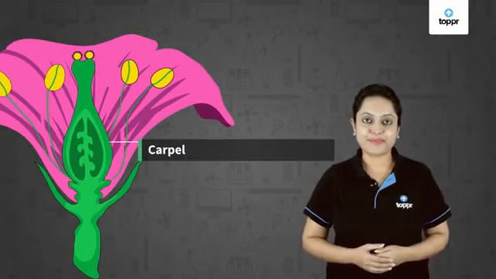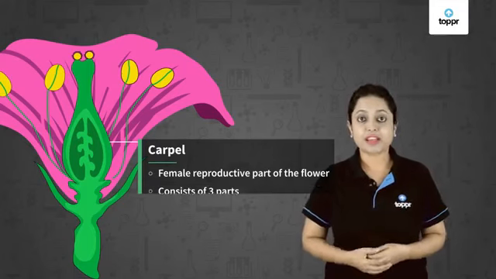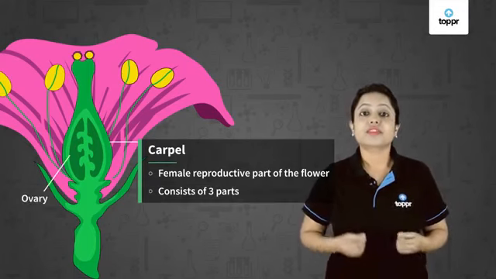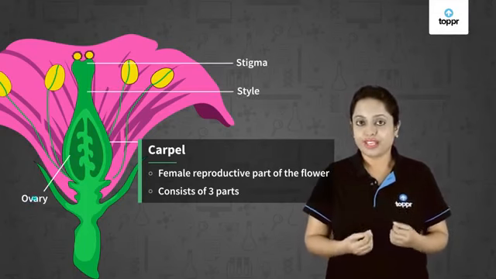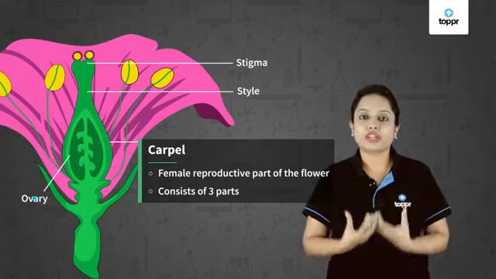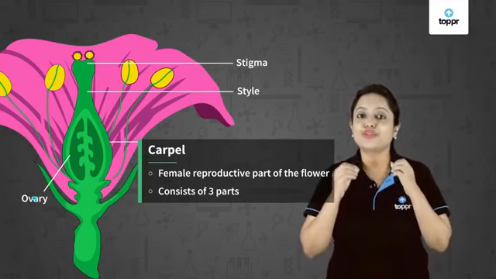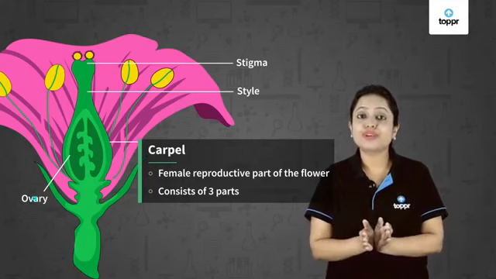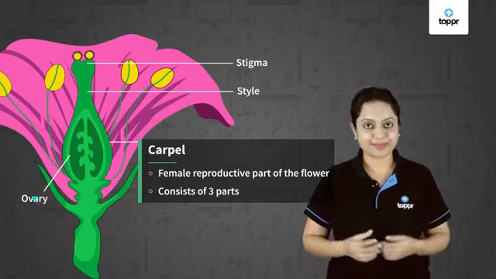Next, carpel. It is the female reproductive part of the plant. It consists of ovary, style and stigma. Ovary. Ovary is the swollen bottommost part of the carpel. It consists of ovules and each ovule consists of an egg which is known as female gamete.